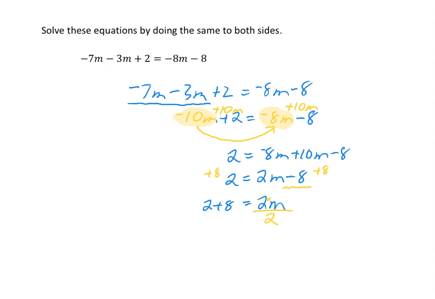So I divide the right-hand side by 2 and the left-hand side by 2. 10 divided by 2 is equal to m, so 5 is equal to m. By simplifying my original equation, moving my unknown variables to one side, and then applying a series of inverse operations, I can determine that m is equal to 5 in my original equation.